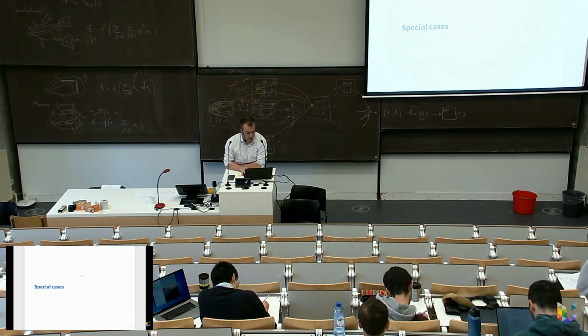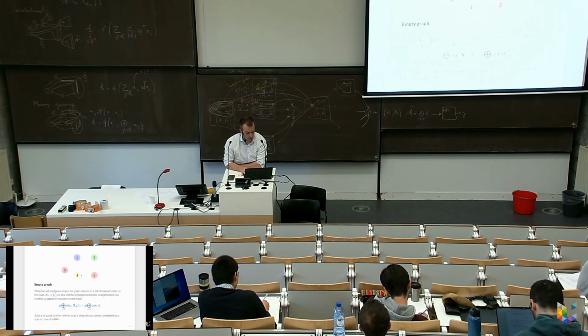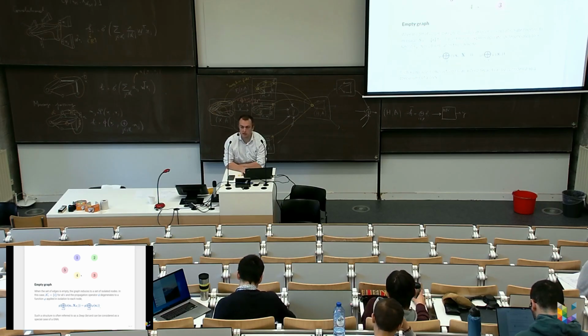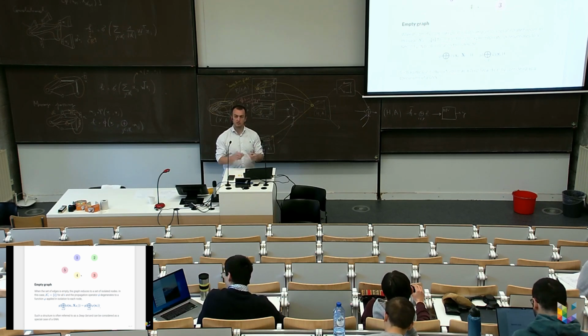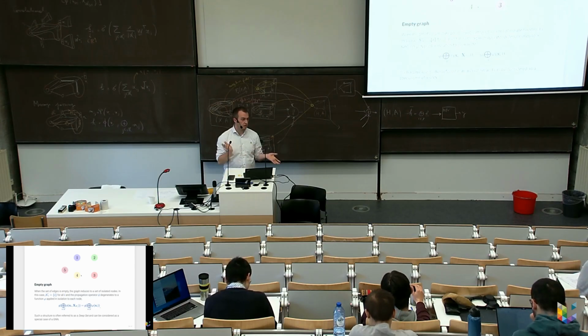Now I will consider a few special cases. The first one, which is interesting, is the case where you have graphs without any edges. When the set of edges is empty, you just have nodes in a set.